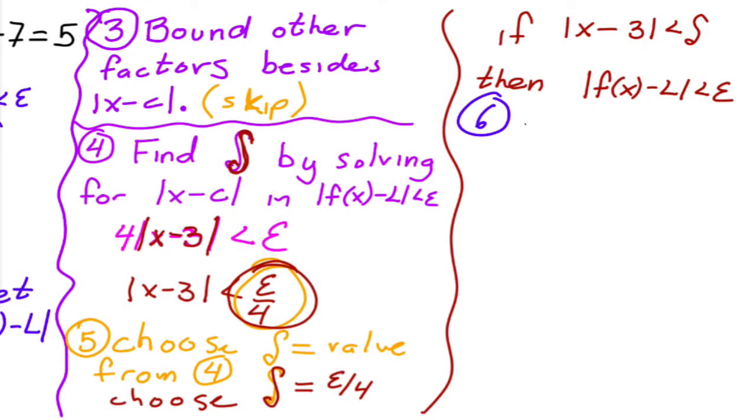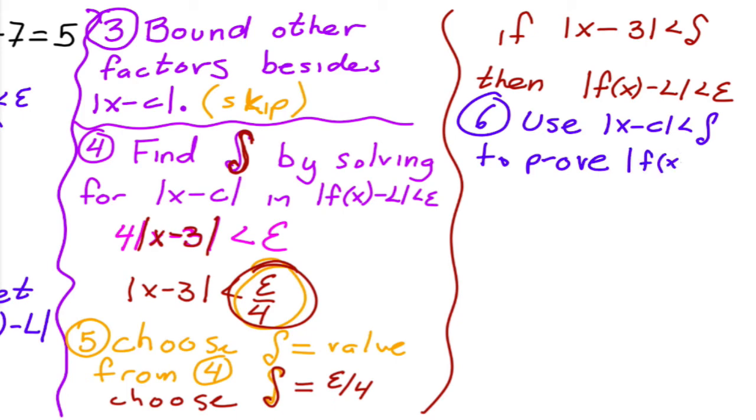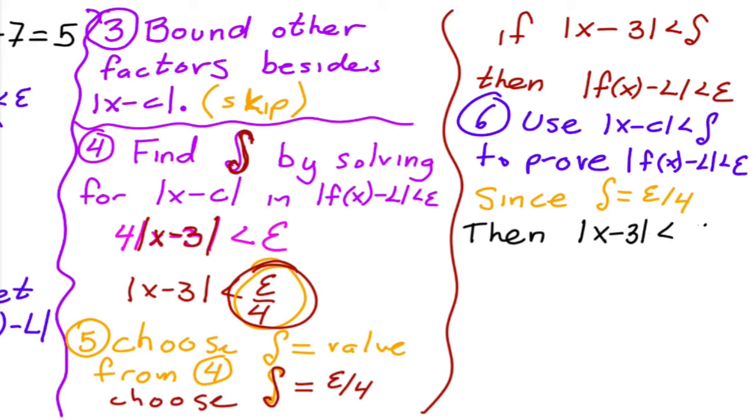And so step 6 is to use |x − c| < delta to prove |f(x) − L| < epsilon. It goes like this. Since delta is equal to epsilon over 4, then |x − 3| < epsilon over 4, right? This is in the definition.